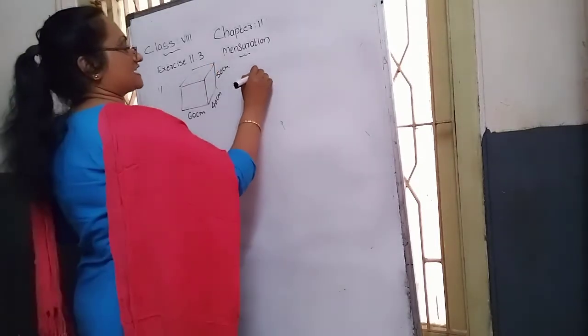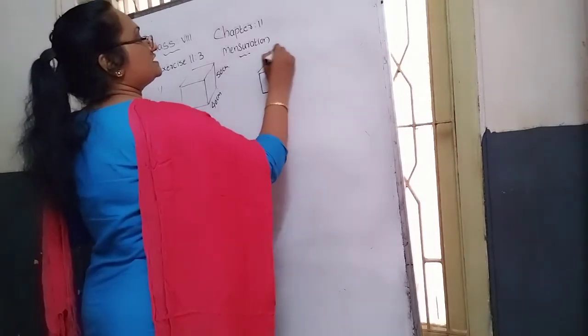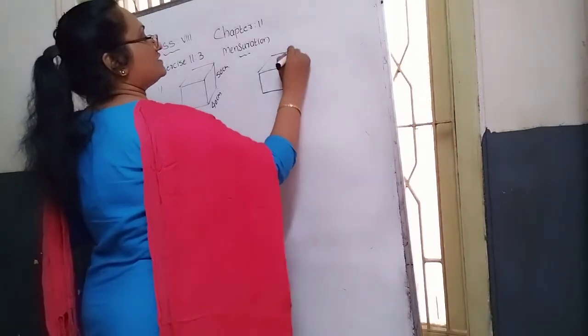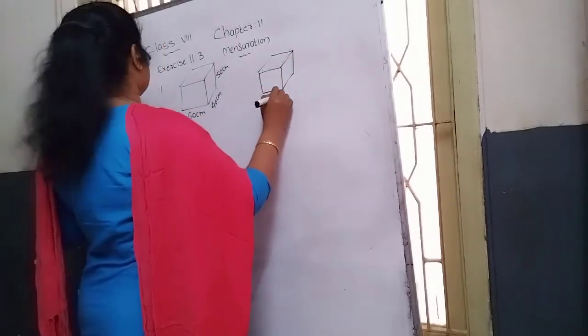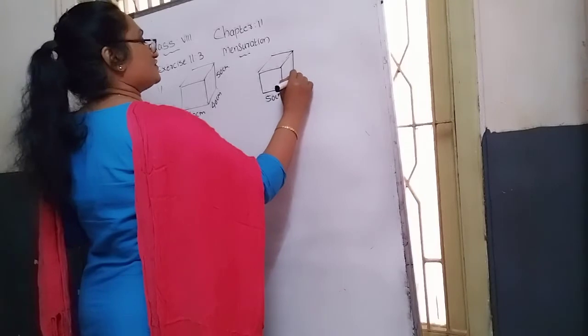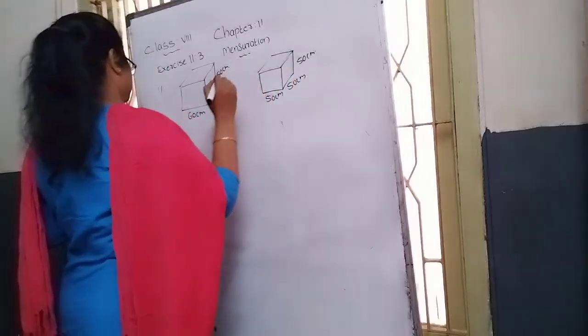Next, one more cuboidal box is given. Its measurements are length 50 centimeter, breadth 50 centimeter, and height 50 centimeter.